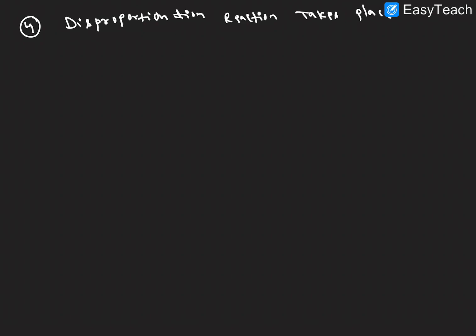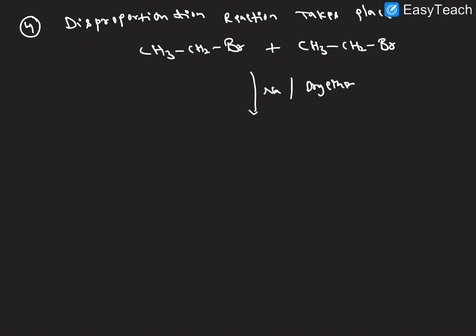For example, CH3CH2Br plus CH3CH2Br react with sodium metal in dry ether. Here three types of products are possible. One is the coupling reaction product, CH3CH2CH2CH3.